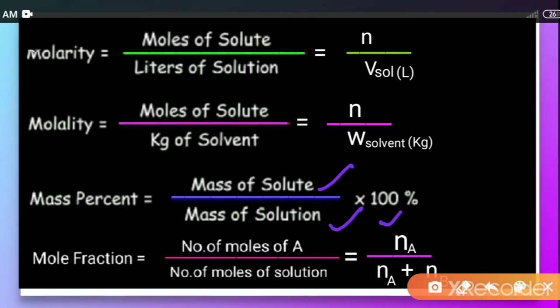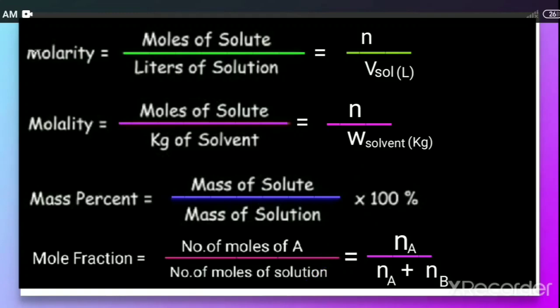Next, mole fraction. That is if we are finding out the mole fraction for A component, then we can say the number of moles of A divided by number of moles of solution. That means number of moles can be represented by N. So we can say that Na by Na plus Nb, where Na is the number of moles of A component and Nb is the number of moles of B component.